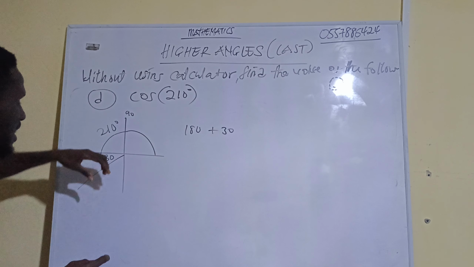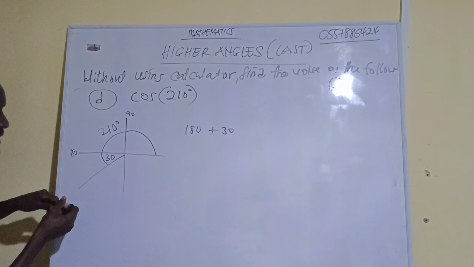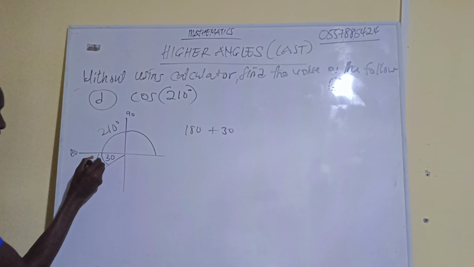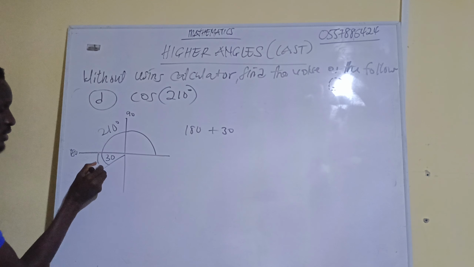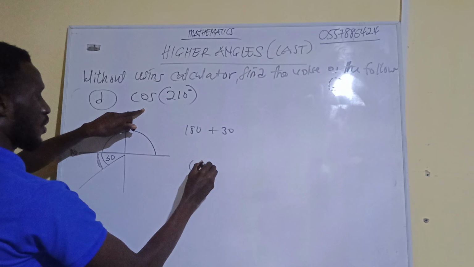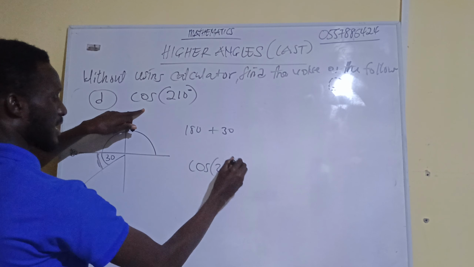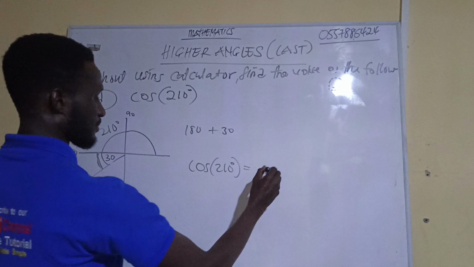Now look at this particular quadrant. What is the angle along the x-axis? The angle along the x-axis is 30. So if I have cos 210 degrees, we are going to get the same as cos 30.